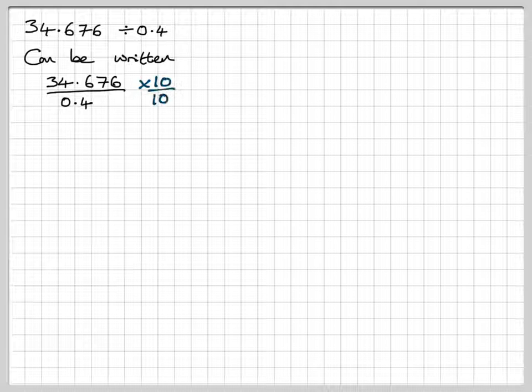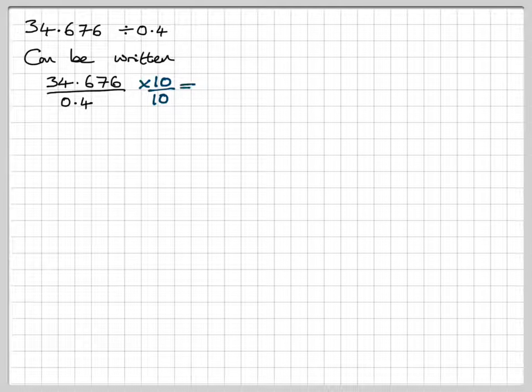Now, we could multiply here by 10 over 10 without changing the value of the problem. Why can we do that? Well, 10 over 10 at the end of the day just equals 1, so essentially we're multiplying by 1.